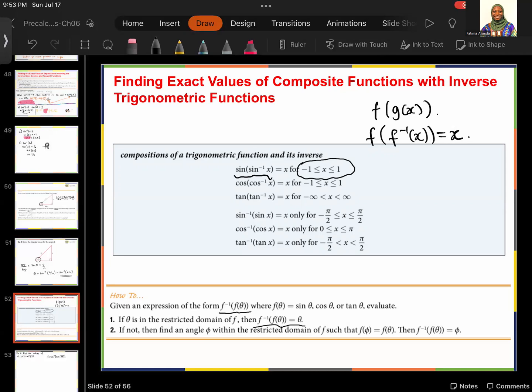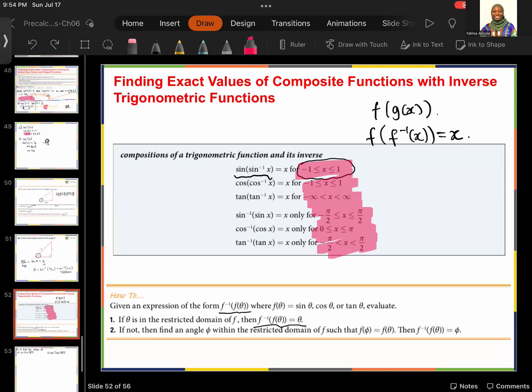These are the restricted domains that we're talking about, and this has to happen. If not, you have to find an angle which is within the restricted domain, and you can do that by reference angles. Sometimes you subtract 2 pi, or subtract 360, sometimes you add 360, all of those kinds of things.